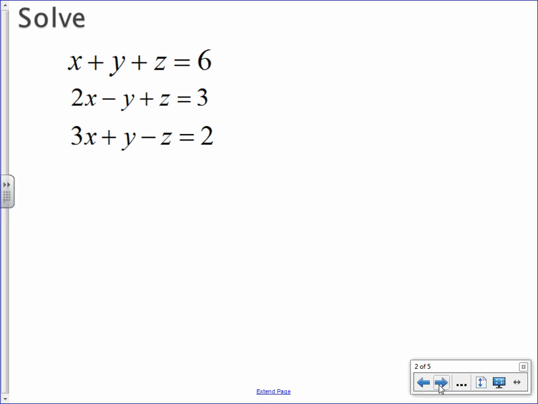Okay. Let's talk about our strategy to solve this. Does anybody remember the strategy you used last year in Algebra 2 to solve these? Okay, what we're going to do is eliminate one variable twice.